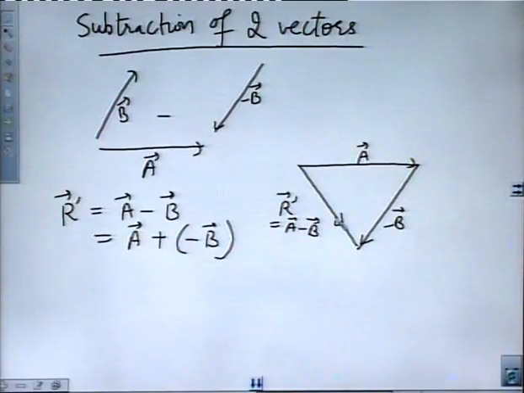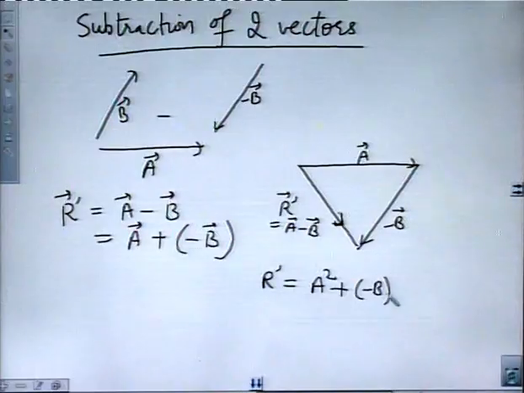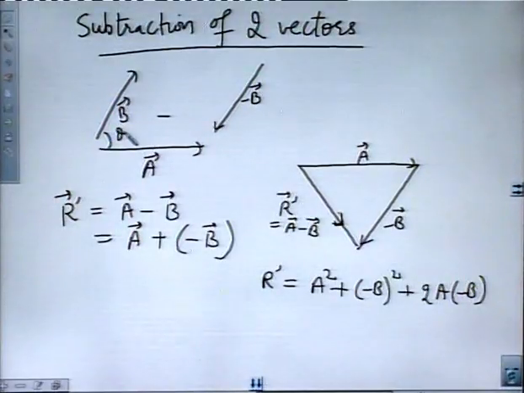The direction of R dash is along this arrow head. This is in the opposite direction, which is anti-clockwise. So this is the resultant of both the vectors. The magnitude of R dash is equal to the square root of A square plus minus of B square plus 2 A into minus of B. The angle between A and B is theta, so we take cos of theta.